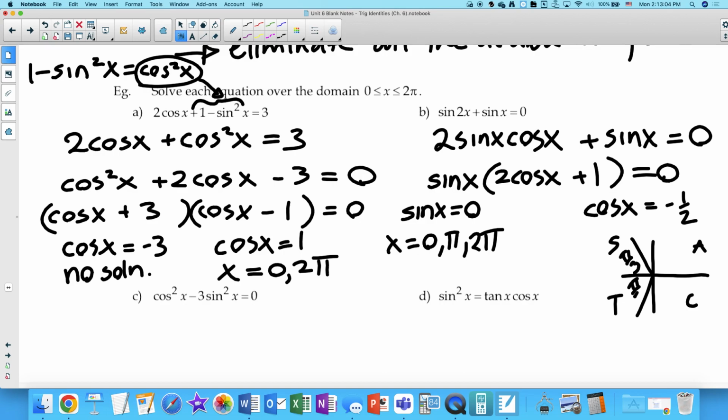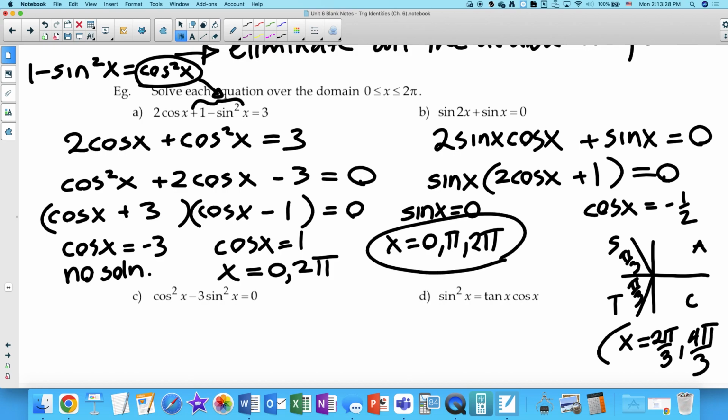And starting at the positive x-axis, this is 2 pi by 3 or 4 pi by 3. So there are 5 solutions actually to this equation: 3 here and 2 here over that domain.